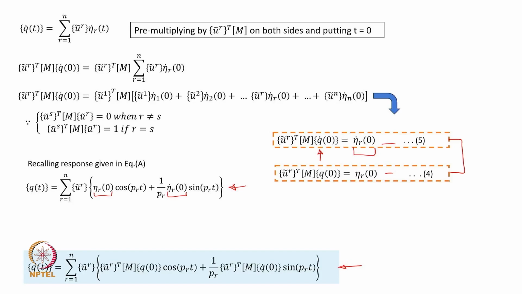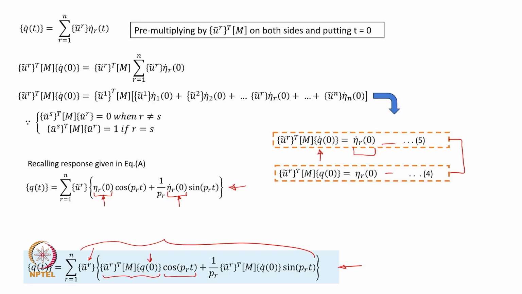Now, you notice here that we have replaced these initial conditions in the principal coordinates with the physical coordinates. So, this equation is completely known to us. It comprises a summation series contributed by each eigenvector, and each eigenvector is multiplied by this principal coordinate, and the contribution is determined by the initial conditions.